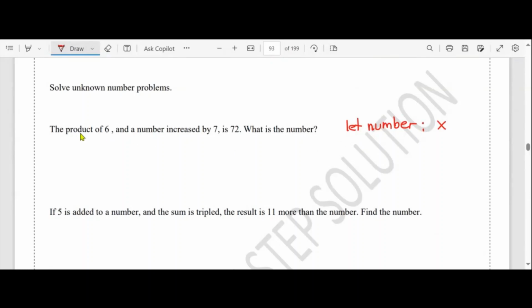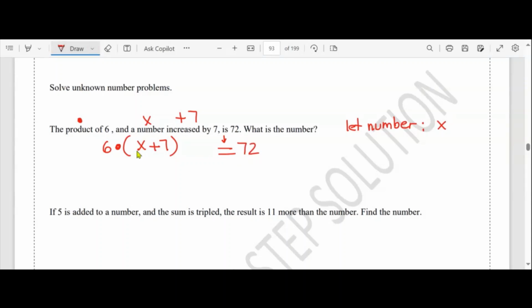Now, what does product mean? Multiply. The number increased by 7. So 6 and then between brackets x plus 7. So you're going to say 6 between brackets x plus 7, and it's automatically multiplication. Is means what? Equal 72.